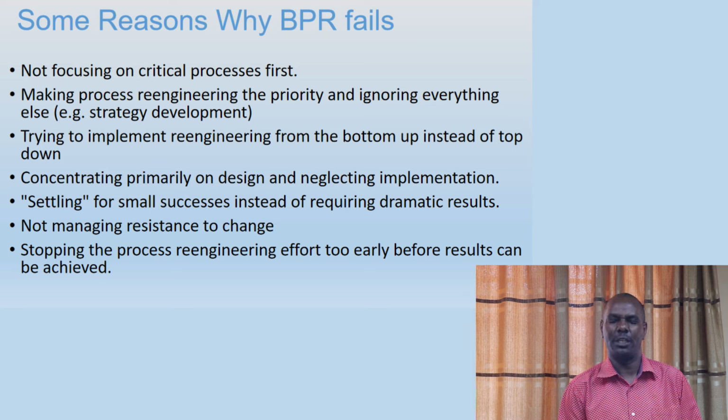Not managing resistance to change. Human capital do not like changes happening, and therefore you find that you could have some pocket of resistance, and you don't want to see how you are going to manage change. Also stopping the engineering effort too early before results are achieved.